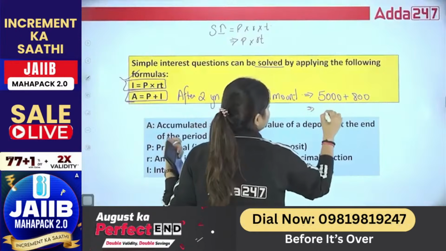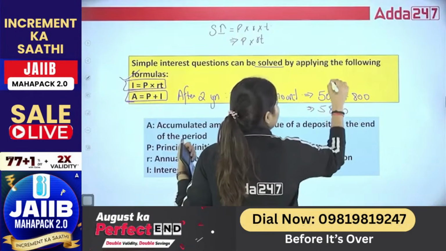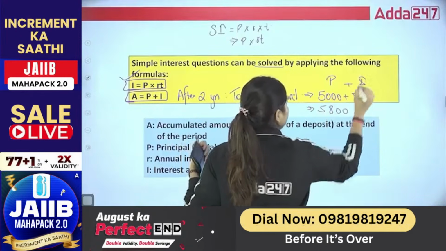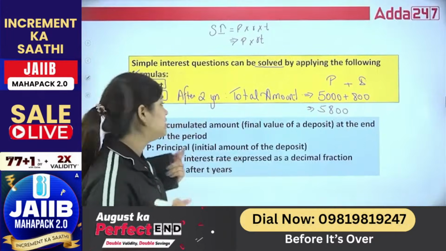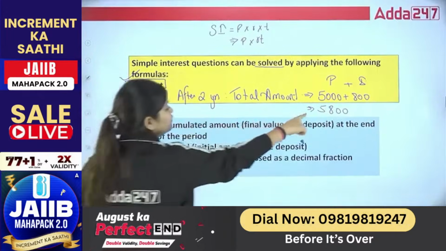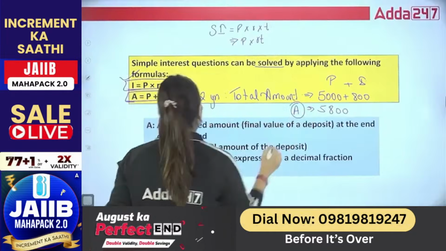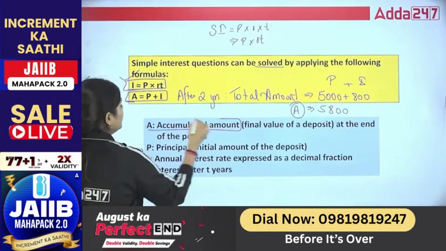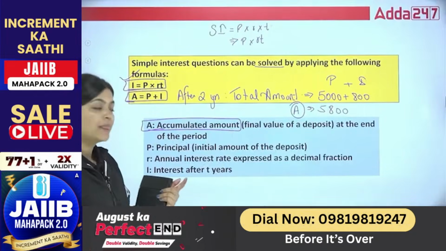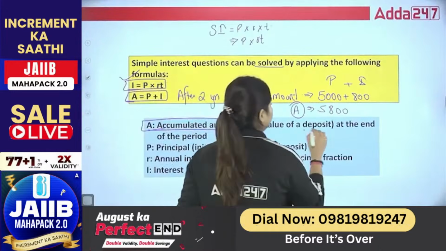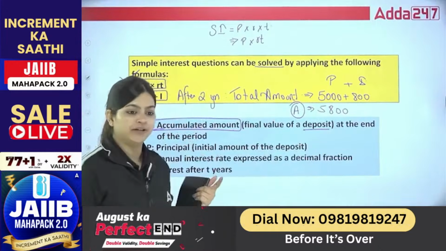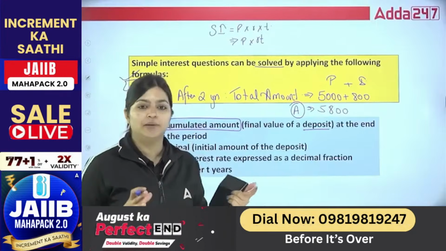So this is your 5,800, meaning principal plus interest. This 5,800 is your A amount, the accumulated amount. This is the final value of a deposit at the end of the period. That is the total amount.